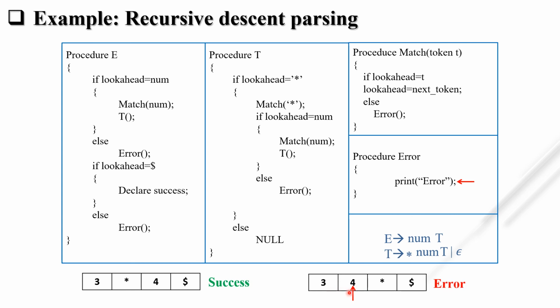Every two operands have one operator in between. When we draw the syntax tree for this, it also fails. So we saw two examples where one string is successfully parsed and another has an error.